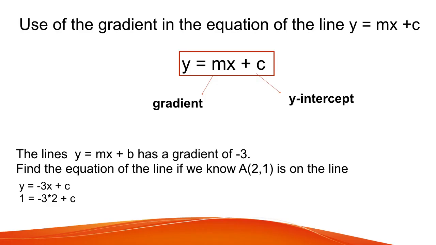How do we do that? I substitute the x coordinate as 2 and the y coordinate as 1. Then I will solve for c. When I solve for c, c will be equal to 7. And when c is equal to 7, the equation will be y is equal to minus 3x plus 7.